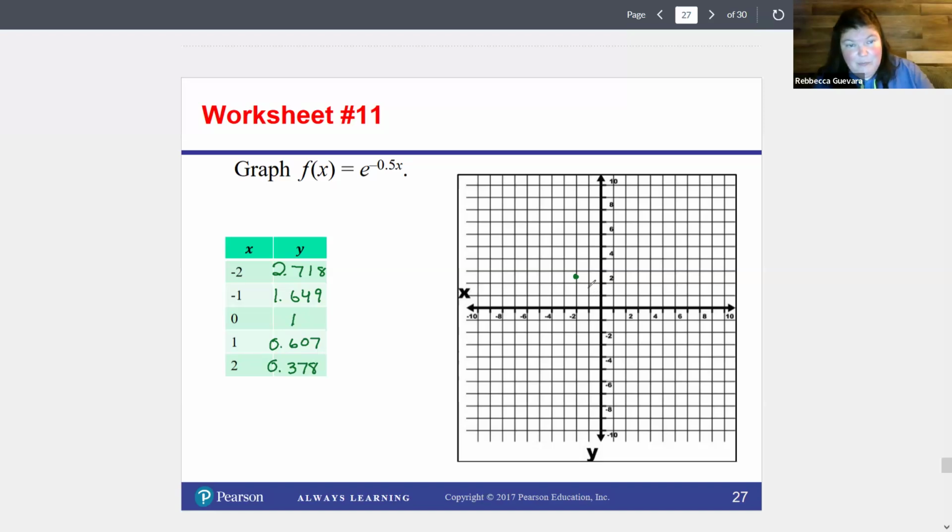So this is a little above a half, and then 0 is going to give me 1. Then if I put in 1, it's a little below 2/3 at 0.607, and then 2 is a little over a third at 0.378.